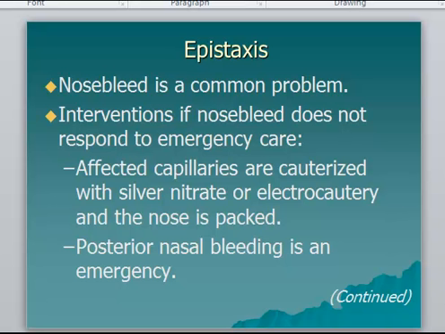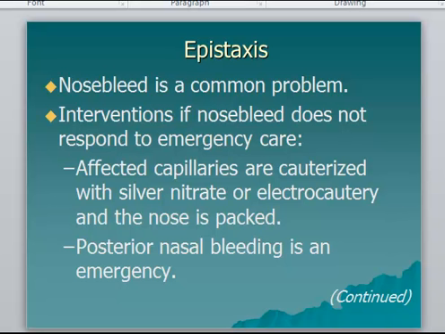Humidity is important, oxygen, bed rest, antibiotics may be prescribed, opiate drugs may be prescribed for pain, and oral care, super, super important. Hydration, very important because of mouth breathing. And we always want to make sure that we do O2 sats for hypoxia. And usually the tubes or the packing is removed about 1 to 3 days afterwards.